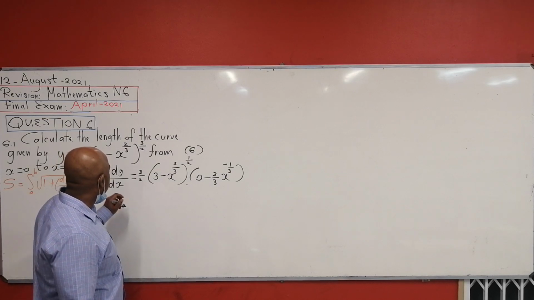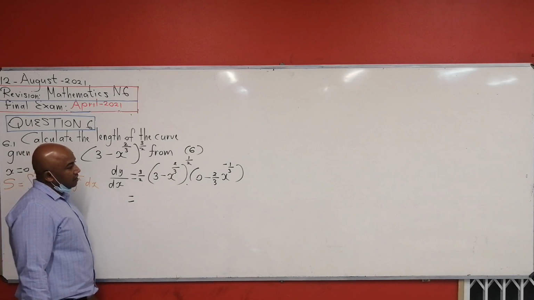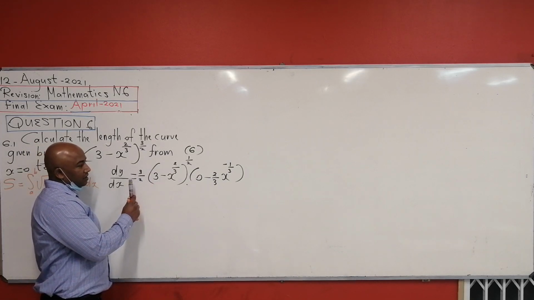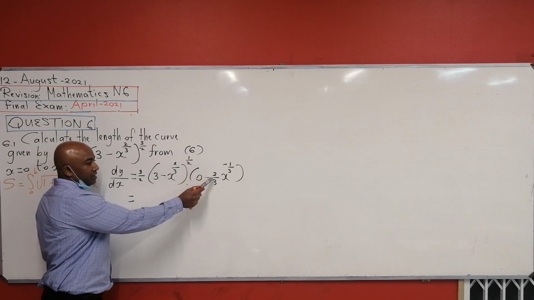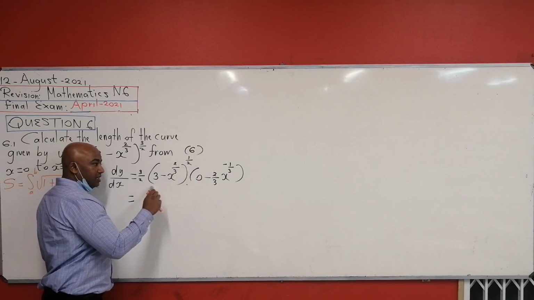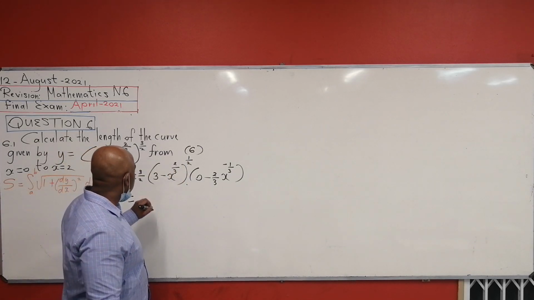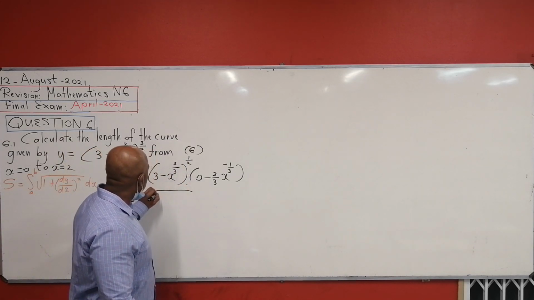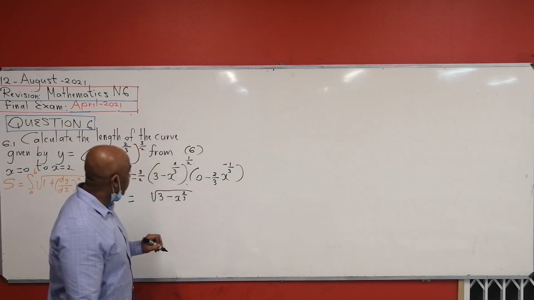Right, so now let's see what happens. Okay. So here, if I multiply, positive power, so therefore this remains on the top, which is the square root of 3 minus x to the power 2 over 3.